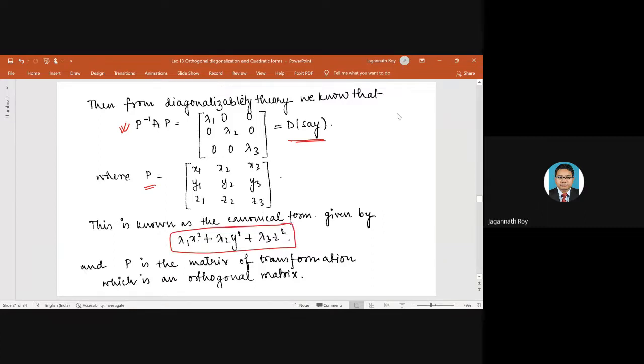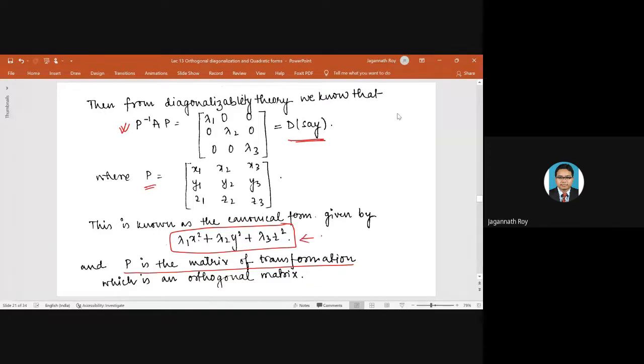And this P matrix is called the matrix of transformation, which is an orthogonal matrix, because if you verify whether these vectors are perpendicular to each other, you will find they are perpendicular, since these vectors are eigenvectors of a symmetric matrix.